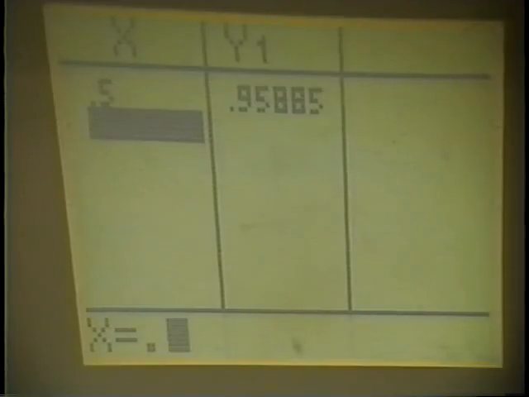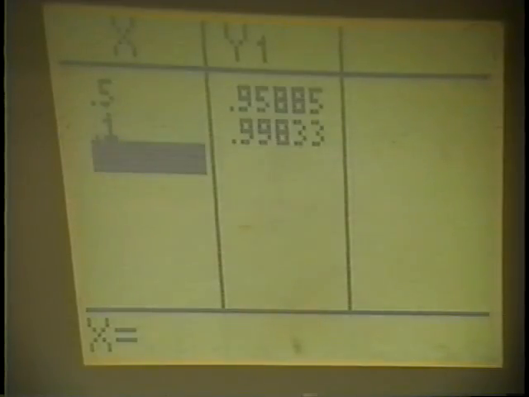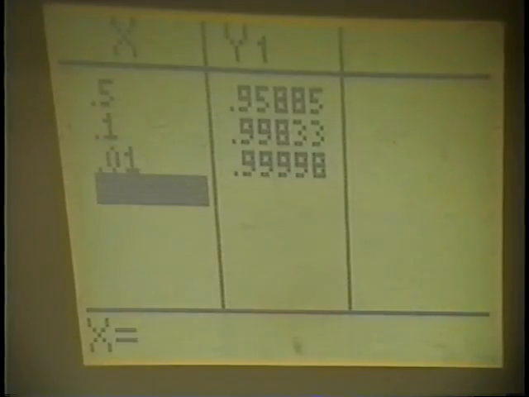And if I would like to find the y values out here, I punch in 0.5, and it tells me what the y value is. And I hit 0.1, and it tells me what the y value is. 0.01, and it tells me the y value. 0.001, and it tells me.